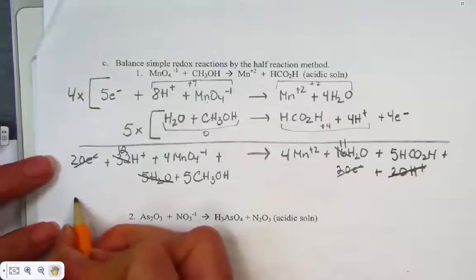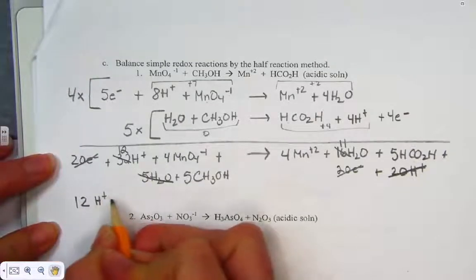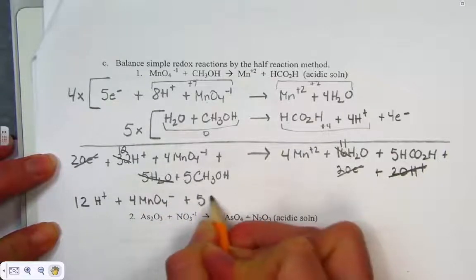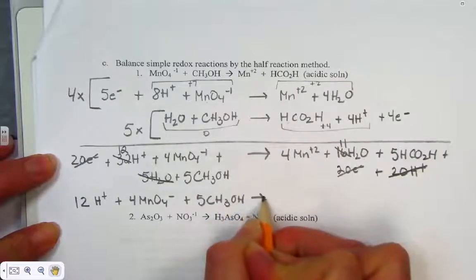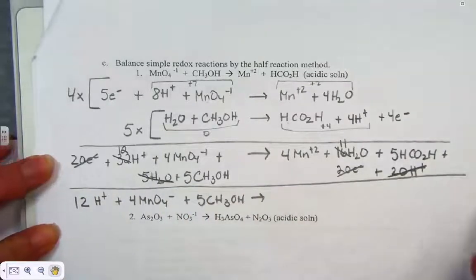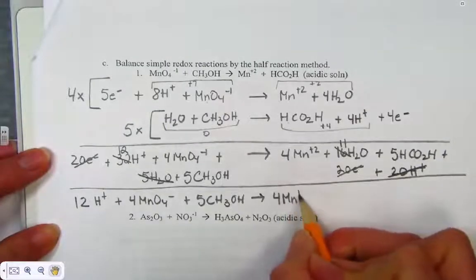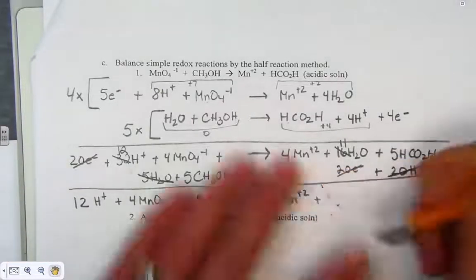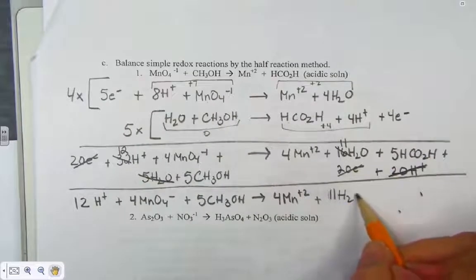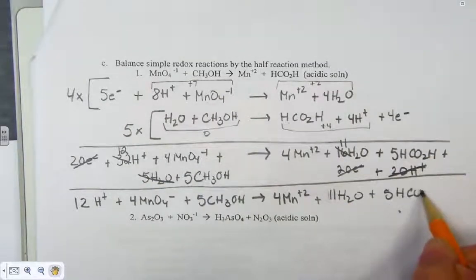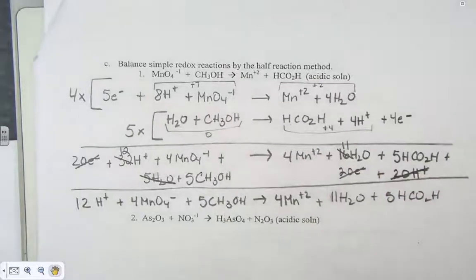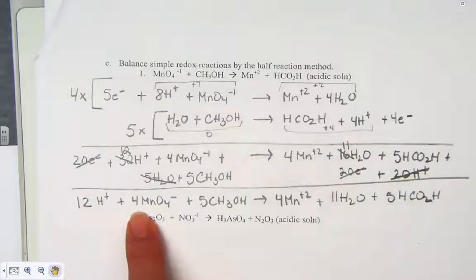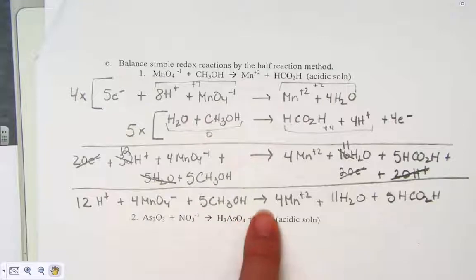Please rewrite a clean answer just to help me grade faster. 12 protons plus 4 permanganates plus 5 methanols, there you go, makes 4 manganese plus 2 ions, 11 waters, 5 organic acids, and that's it. 12H plus 4 MnO4 negatives plus 5 CH3OH.